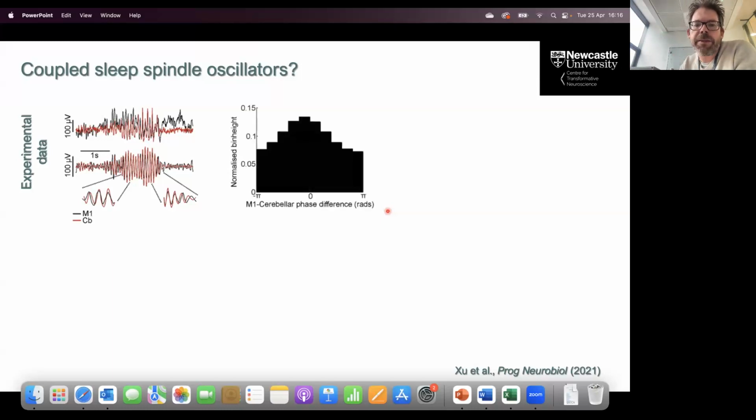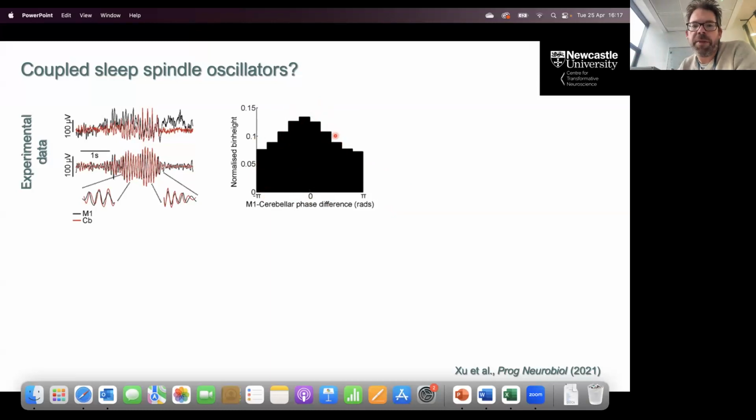When we looked at this, this is a histogram of the instantaneous phase difference between oscillations, and this is just one session, one pair of electrodes. The instantaneous relative phase between M1 and the cerebellum is peaked around a preferred phase, but there's quite a width of epochs where different relative phases are being shown.